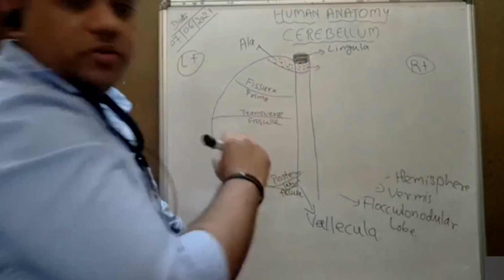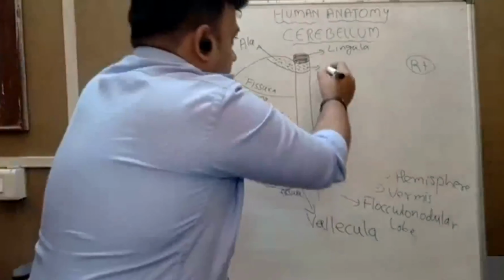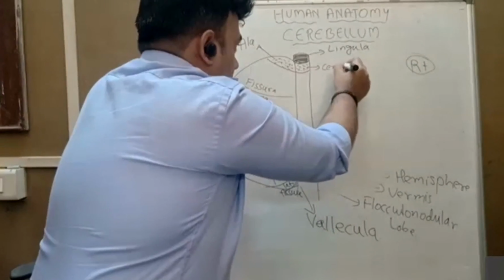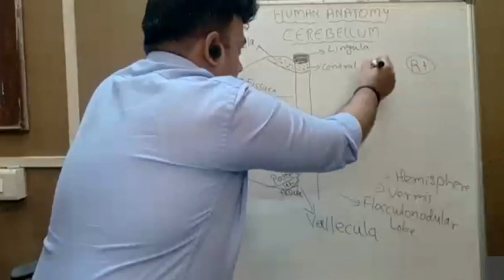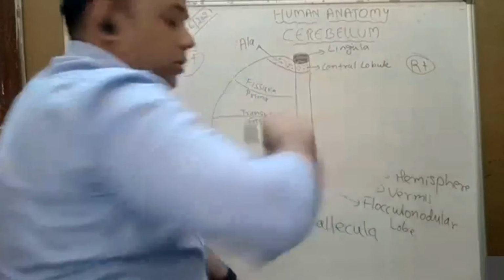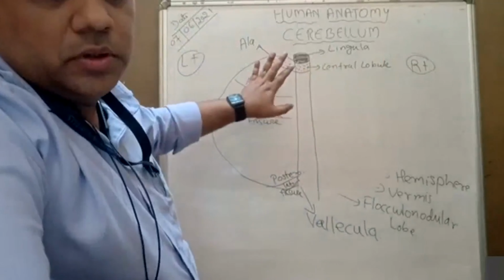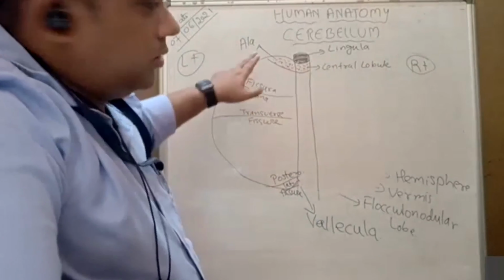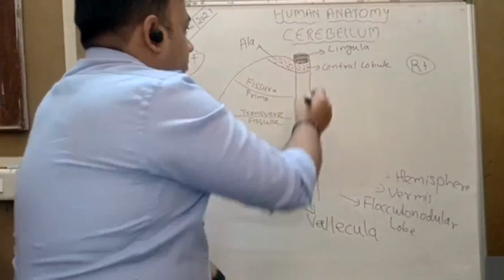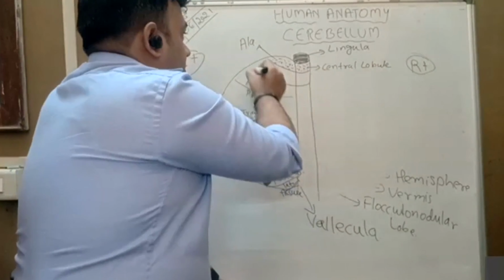So this is known as central lobule. Next to that, the other fissure will be there.